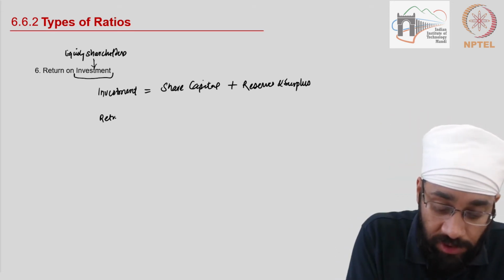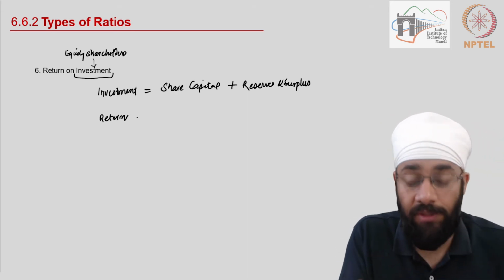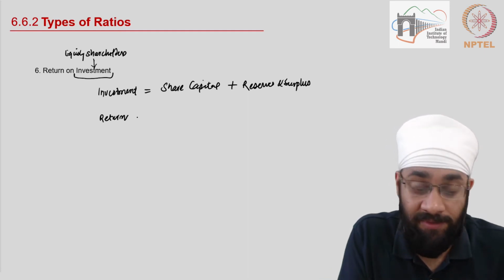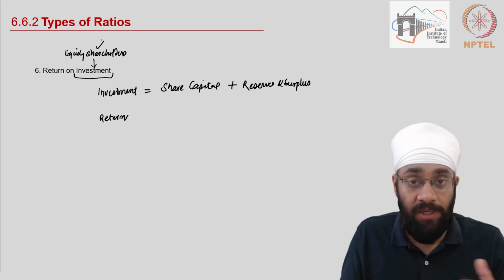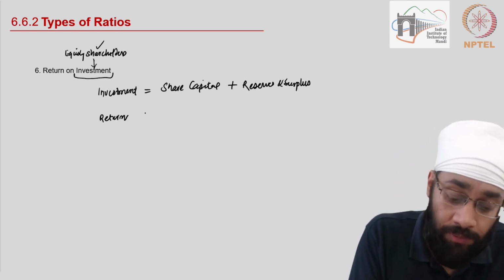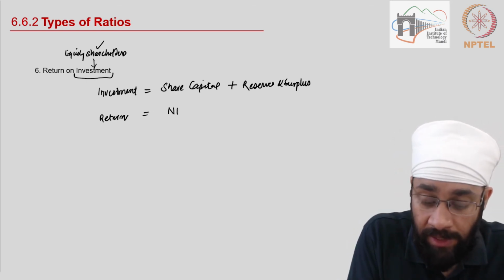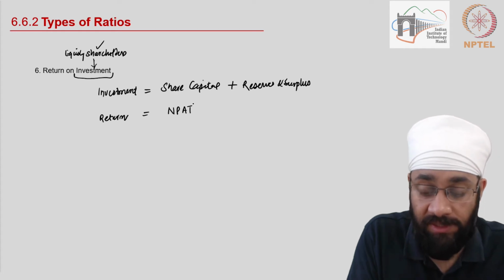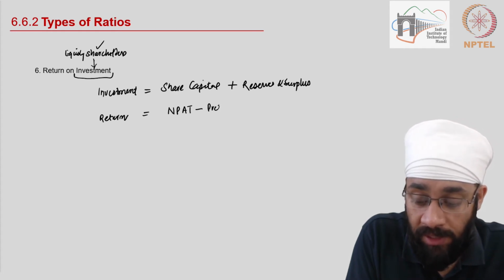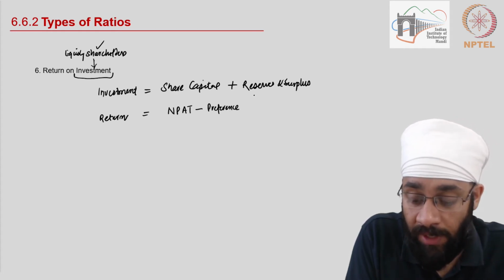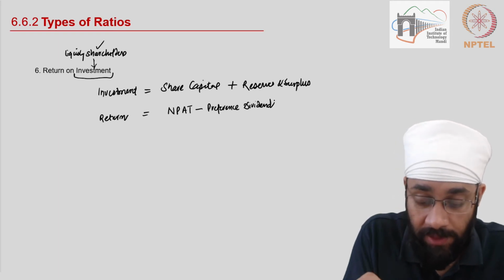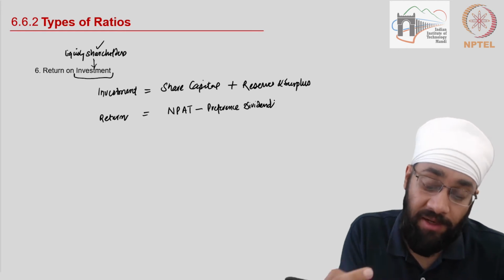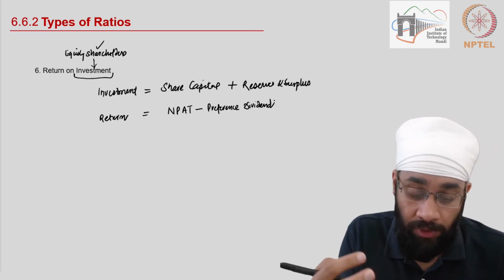The next question is, what is the return that the equity shareholders make? What is the money that they earn? So the money that they earn is the net profit after taxes minus the dividend that has to be paid to the preference shareholders, and then you have the earnings available to the equity shareholders.